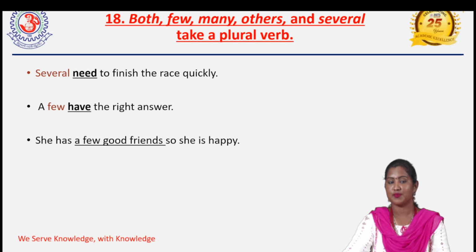Look at the concept: though the subject is "she," it is followed by "a few good friends." So whenever you find words like a few, many, others, or several, definitely we have to select the plural verb. No doubt about it.